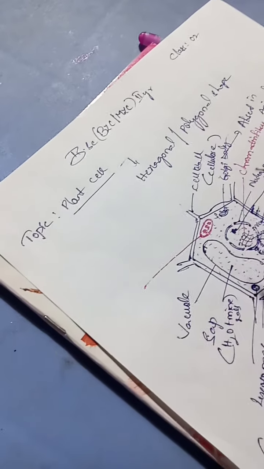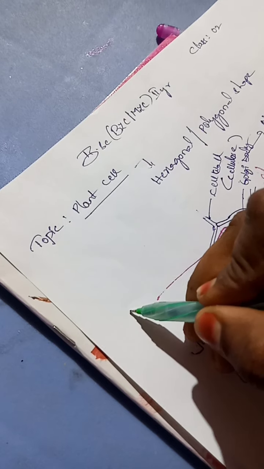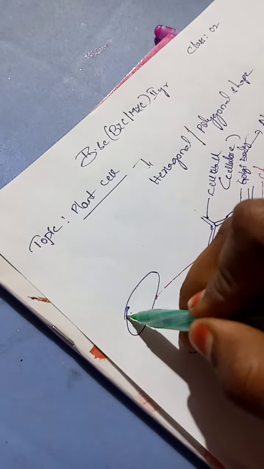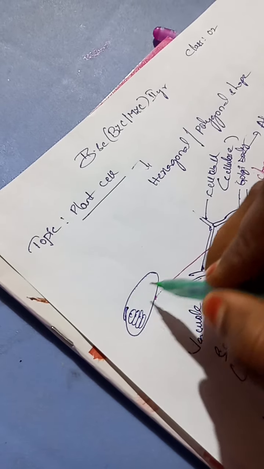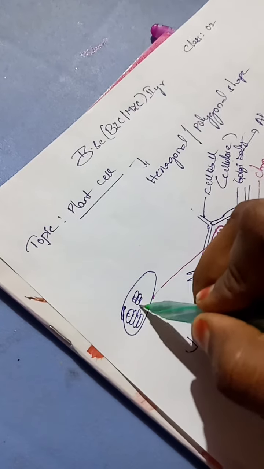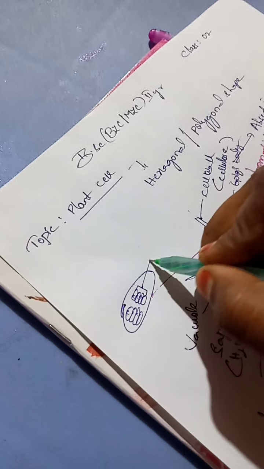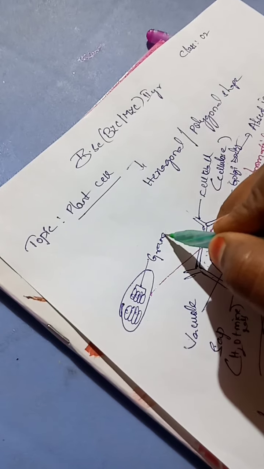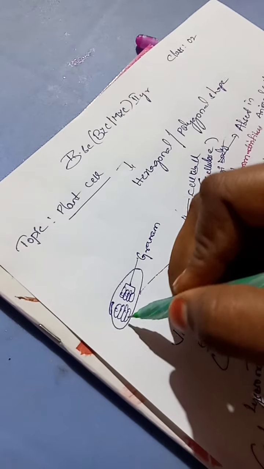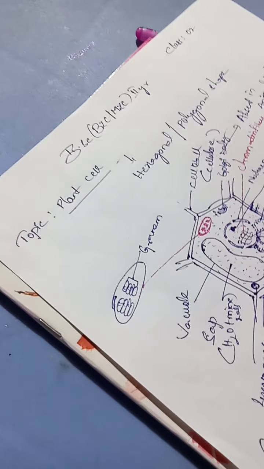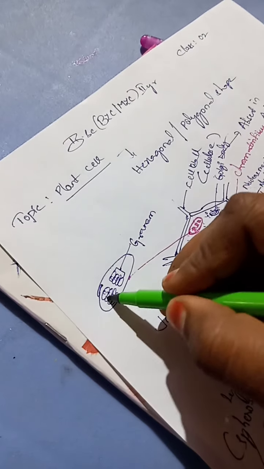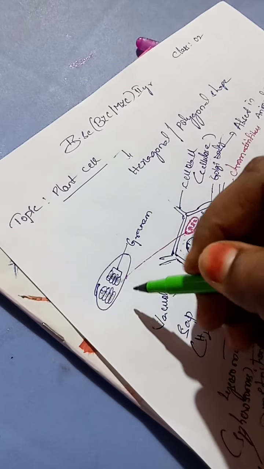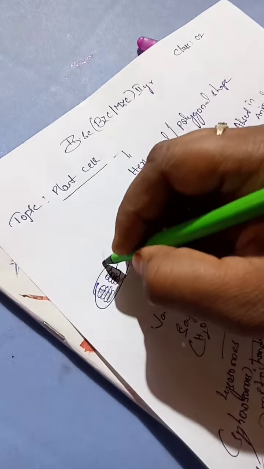Here this is the plastid or chloroplast. Inside it we can find a stack of thylakoids, which is called granum. Inside the granum there is a presence of green pigments.